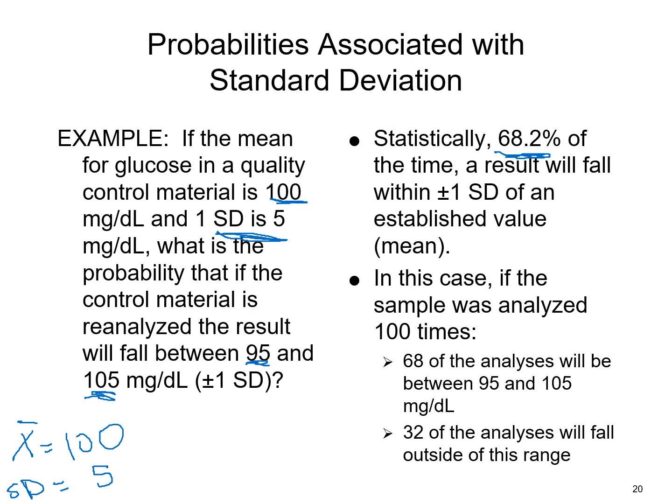So 68.2% of our values are going to fall between 95 and 105, or 32% of the analyses will fall outside of this. So the bulk of it is going to fall within that one standard deviation, where the rest of it is going to be outside of it: 2, 3, or even more standard deviations outside of that value.